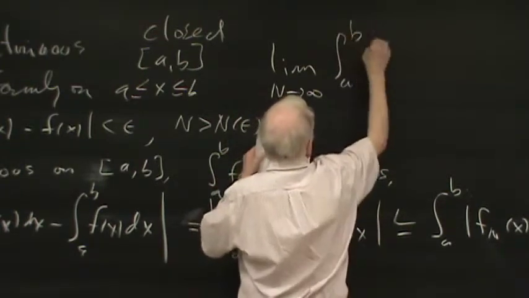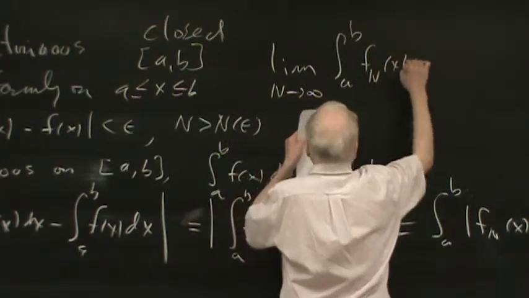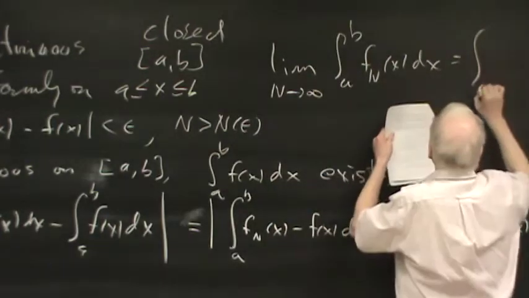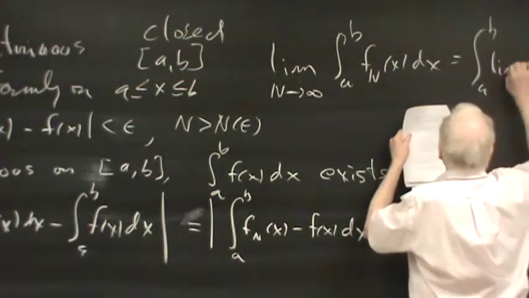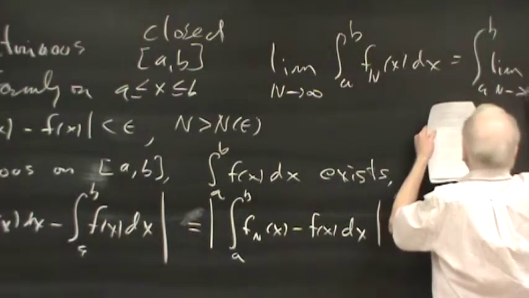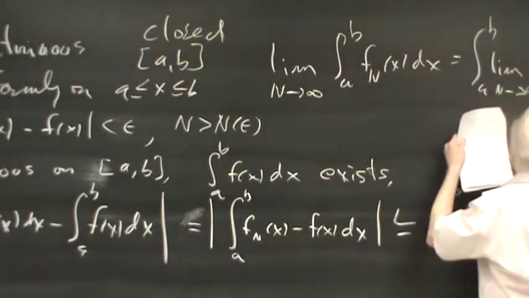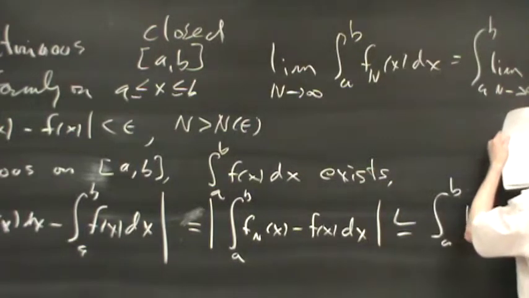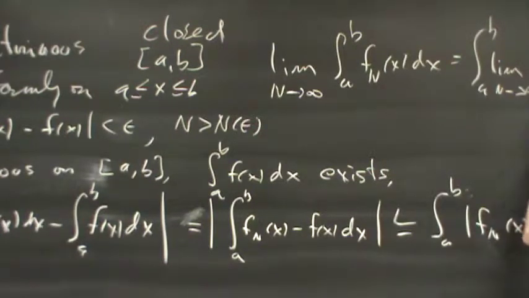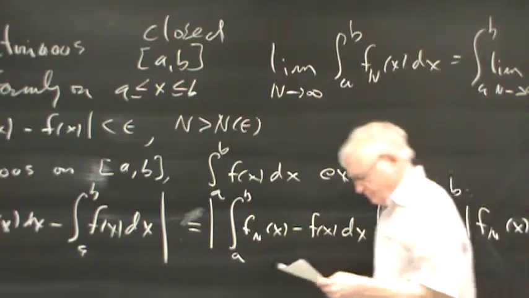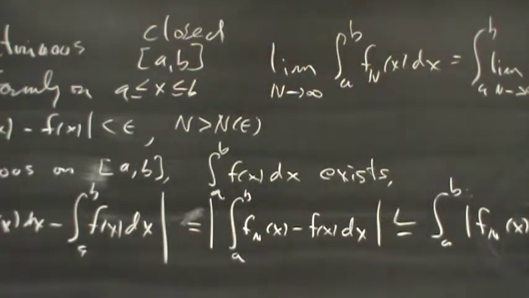So we have the limit as n goes to infinity of the integral from a to b of f_n of x dx equals the integral from a to b of f of x dx. So that's yet another result or theorem.